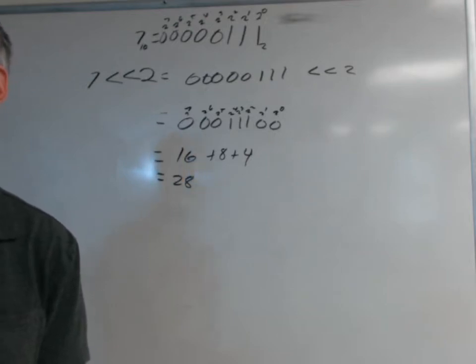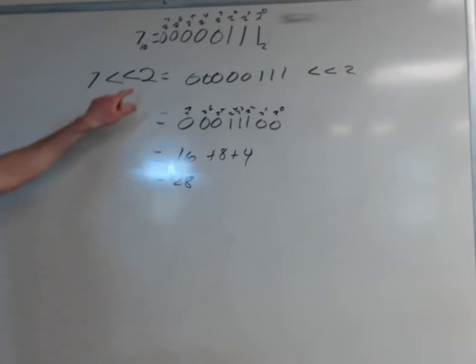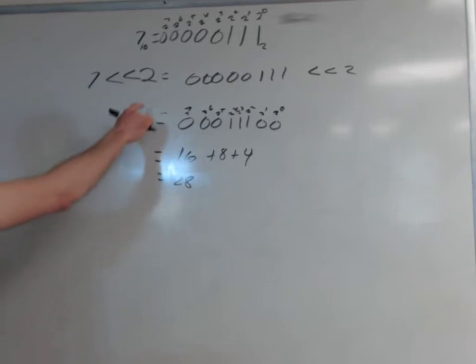Does anyone see what we just did? So what is this doing? It is upshifting. Is there a particular relation between the number you're upshifting by and how it affects the result? Yes, there's a direct correlation.